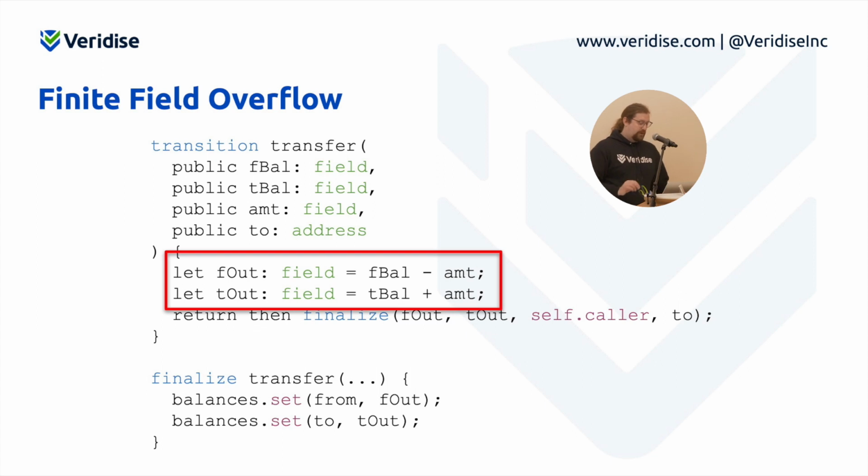And so here, if you're using a field, you would need to add in additional checks in order to make sure someone can't underflow from 0 to a really large finite field, or overflow from a large finite field to 0.